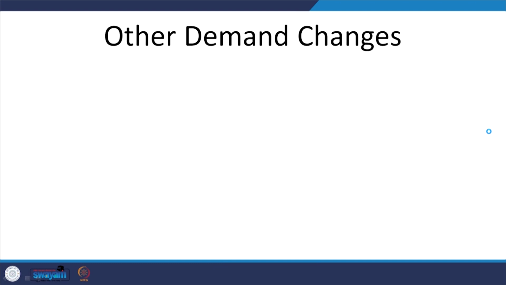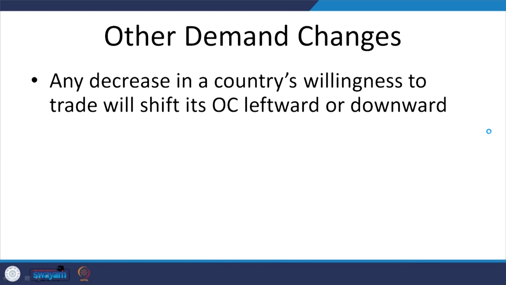Any decrease in a country's willingness to trade will shift the offer curve leftward or downward. Similarly, other patterns we have already discussed, and ultimately they reach an equilibrium point.